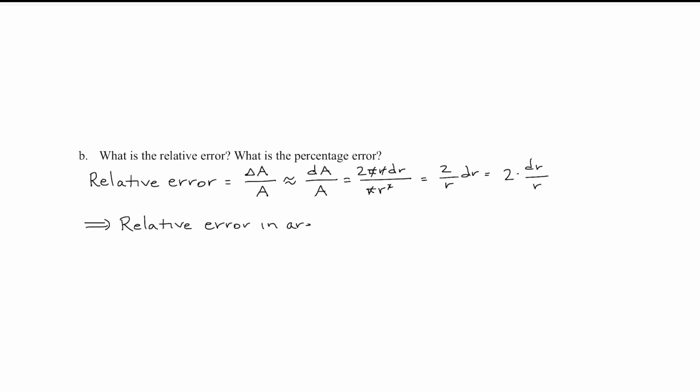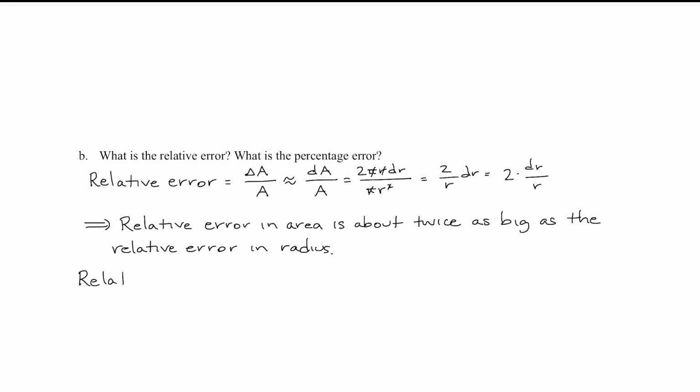So in other words, the relative error in the area is about twice as big as the relative error in the radius. That's what we just figured out. And that's in general. We can find actual numbers for these.